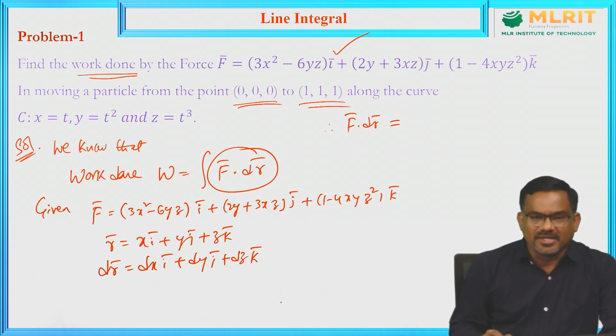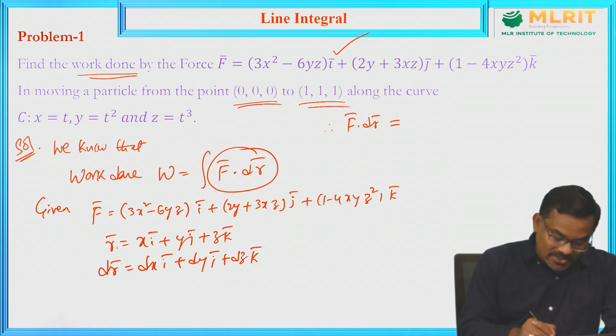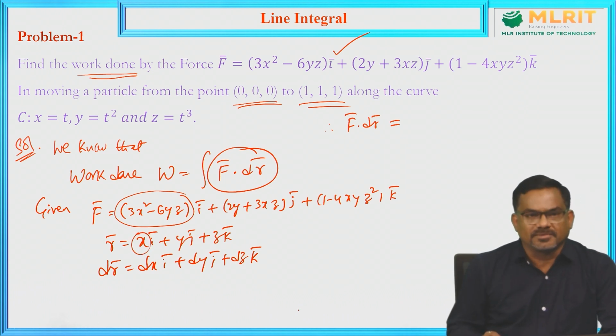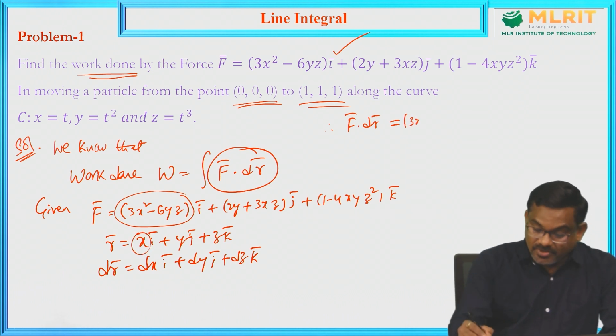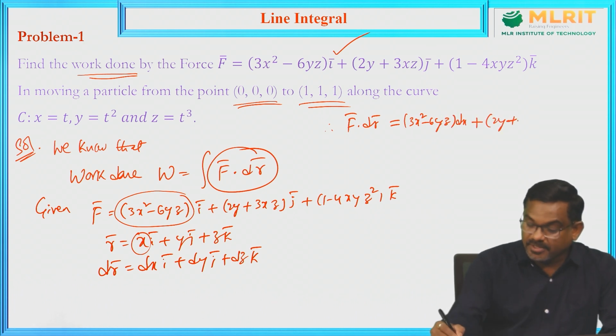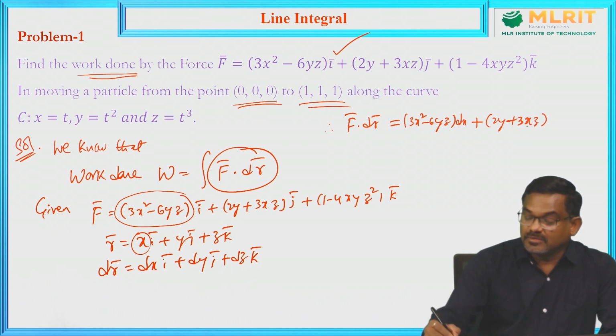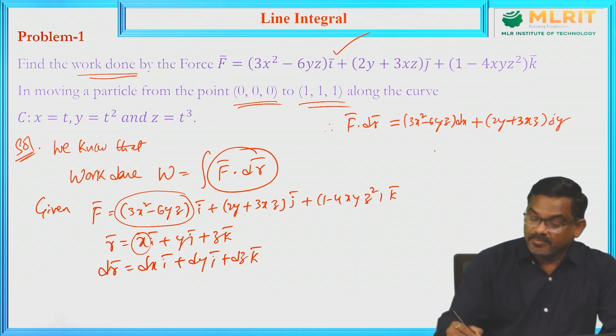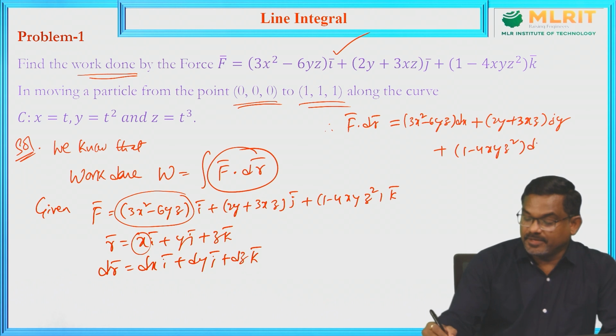Since i dot i is 1, j dot j is 1, k dot k is 1, F bar dot dr bar means the sum of the products of corresponding components. So, (3x square minus 6yz) dx plus (2y plus 3xz) dy plus (1 minus 4xyz square) dz.